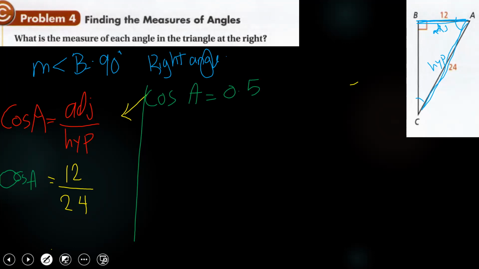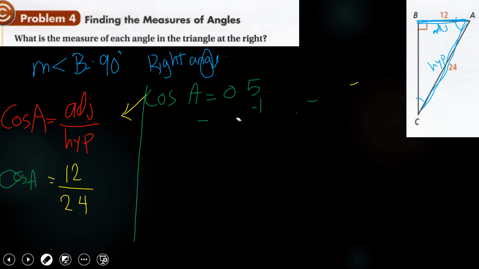They didn't ask me to find cosine A. They asked me to find A. So what I have to do is say that A equals cosine inverse of 0.5. What does it mean?